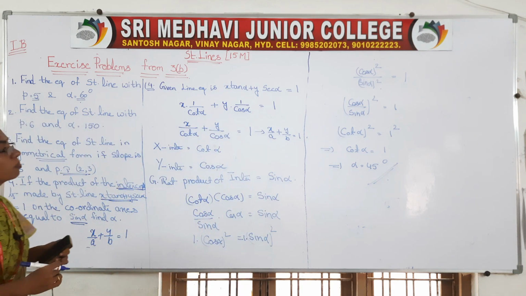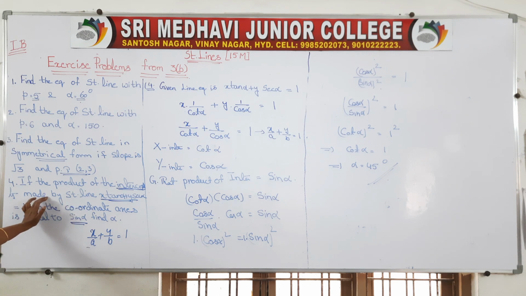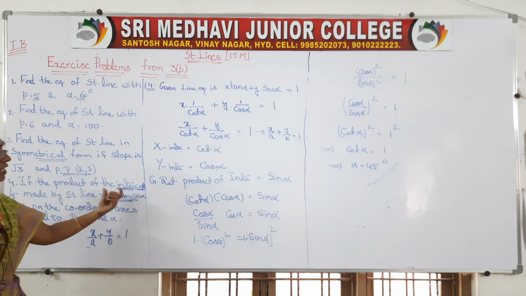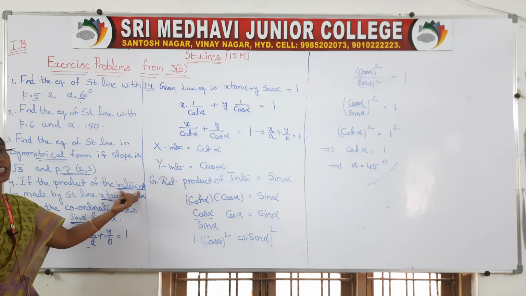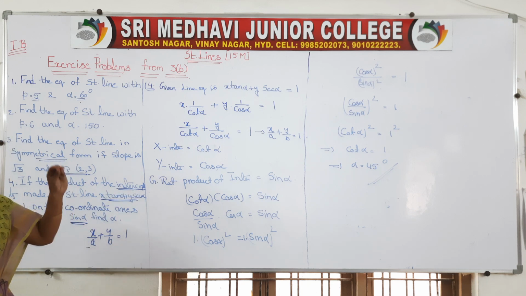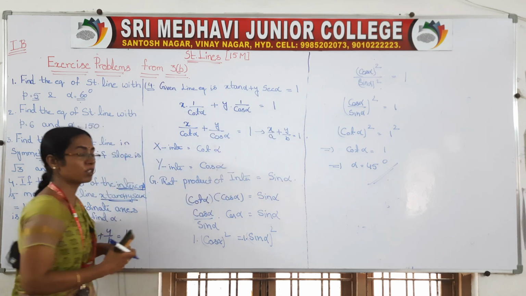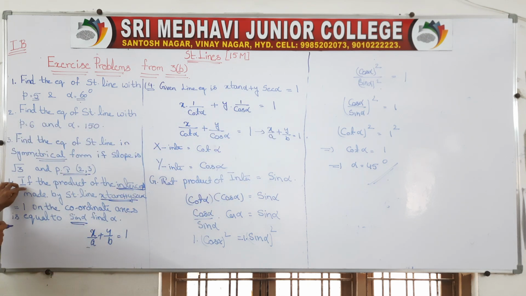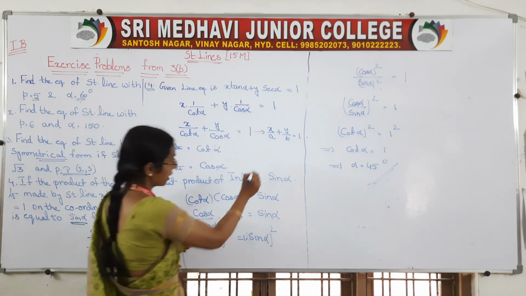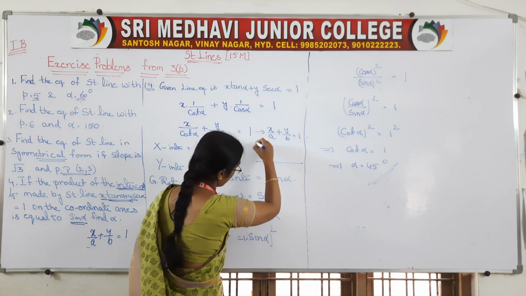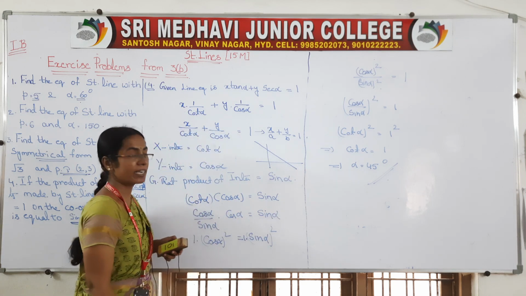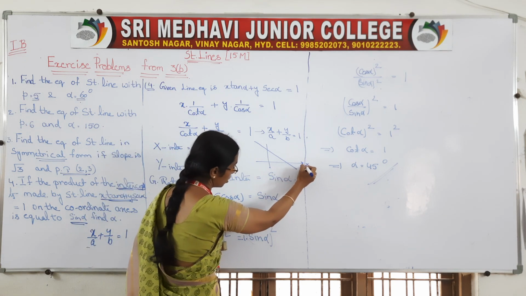So actually here the problem is, you have to understand the question properly. If intercepts are given in the question, we have to convert the given line equation into intercept form. Read the question carefully. If the product of the intercepts made by the straight line with the coordinate axis, so always the line which intersects the coordinate axis, already I explained to you, right?